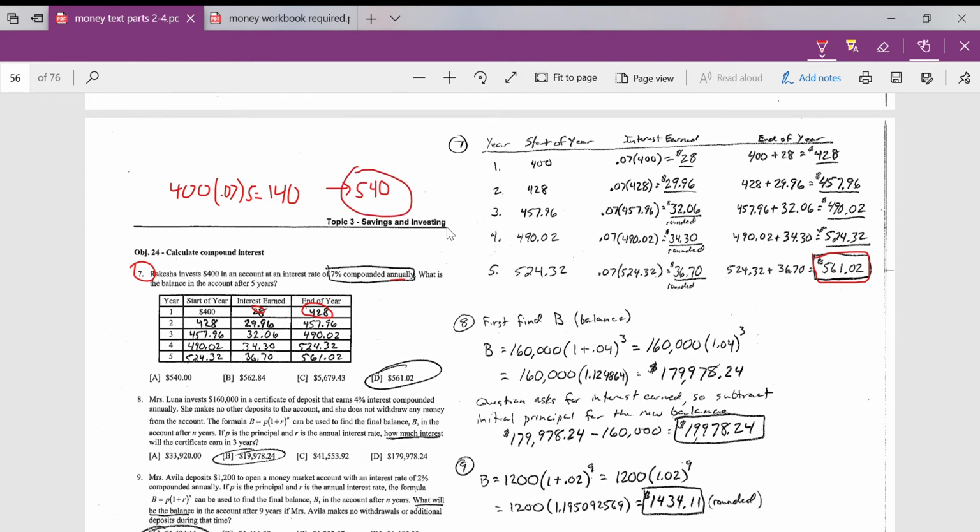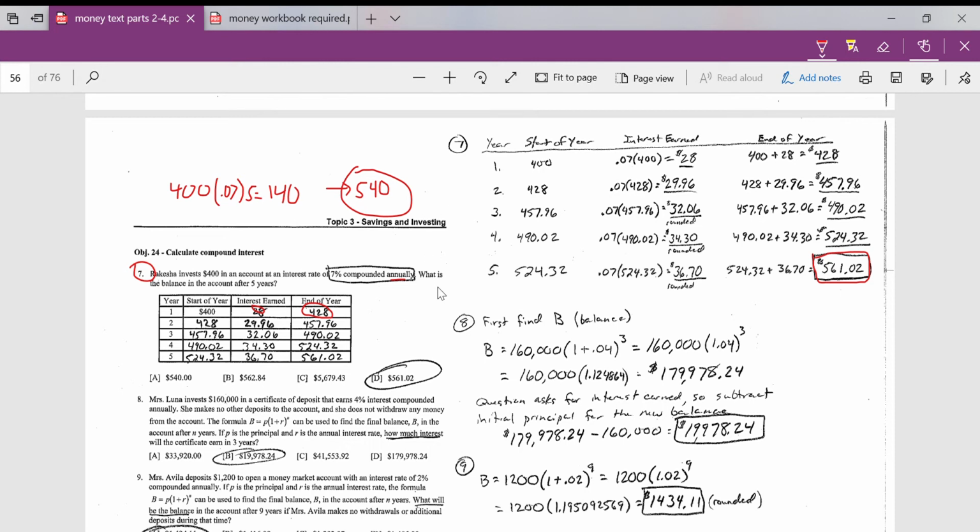So it doesn't look like a ton in this example, just $21 more, but that's with $400 starting off. So if you were going to use $4,000, now you'd be looking at a difference of $200 in your investments or savings. And then over time, that's just going to grow higher and faster the more years it goes on and the higher the number gets.